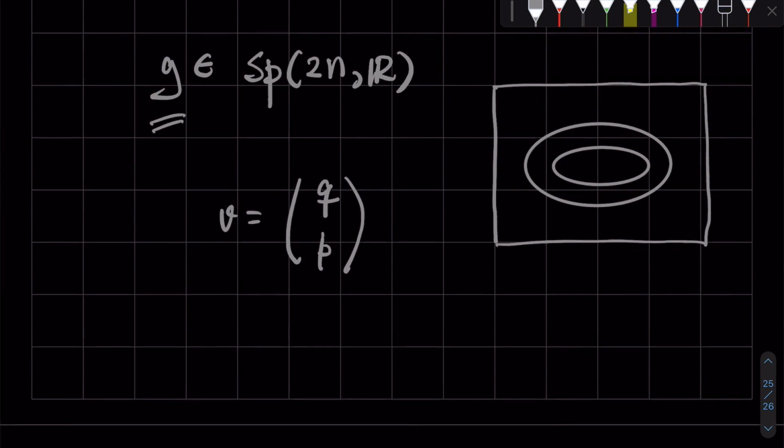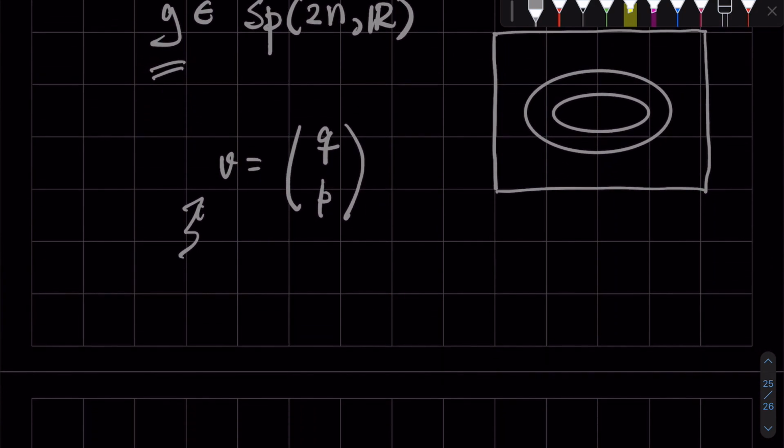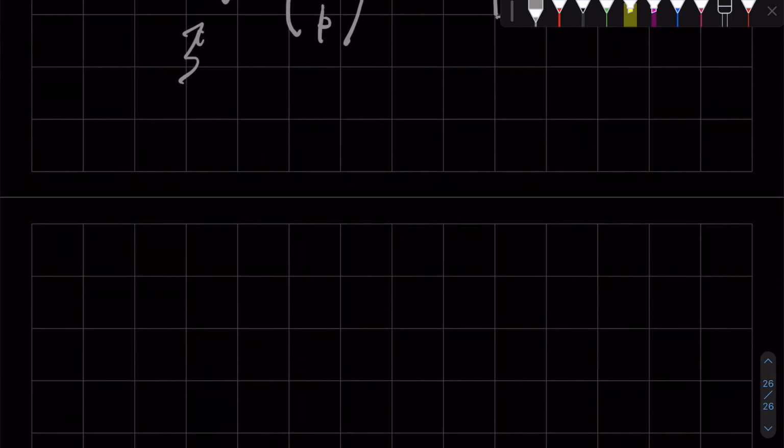So what we do is that we take this V and we plug it into this equation. Now there's another theorem in classical mechanics, called Darboux's theorem.